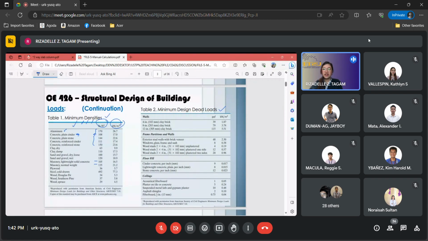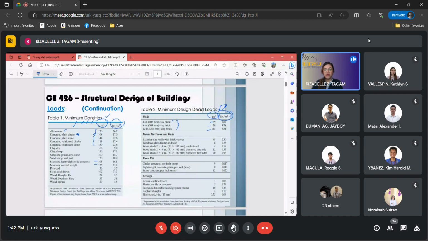However, on our design loads, kung ma-apply na sa atong structure, these are PSF, or pounds per square foot, and kilonewton per square meter. So naa na diri. Kung ang property sa imong wall is clay and then it's 4 inches, 8 inches depende sa kabagaon, dili ka mamili sa imong gamiton nga standard unit load.